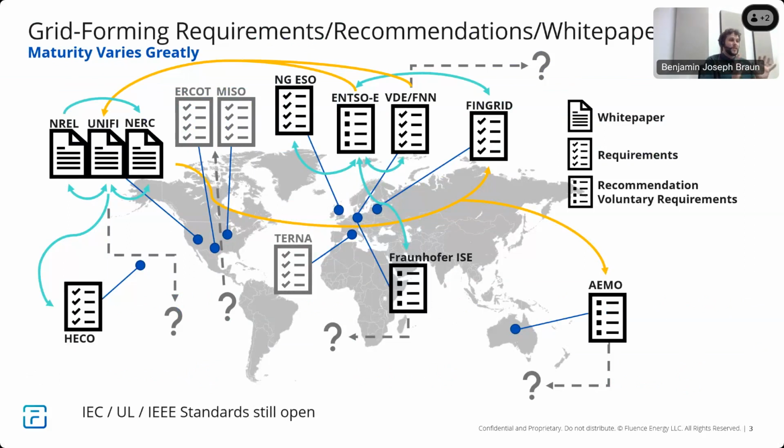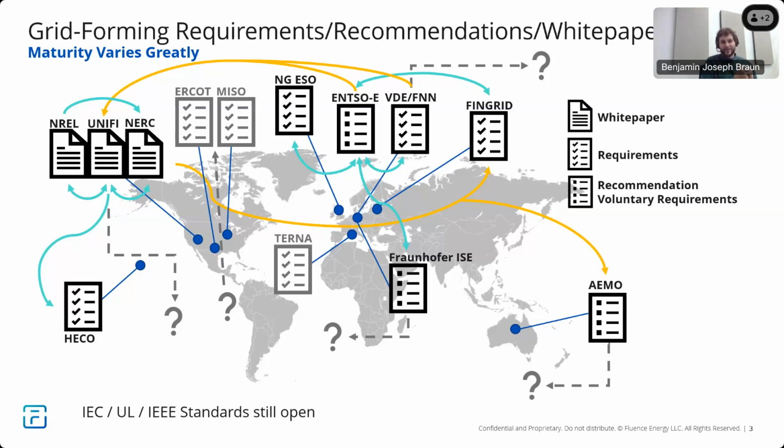The fun thing about this slide is that you see how a lot of these different regions that have published codes or voluntary requirements or recommendations, there's a lot of cross-linking and referencing going on. And I think that's great because, especially me as a solution provider, the more harmonization and the more consistency across the globe, the much easier it is to design a product that can serve as many markets as possible.